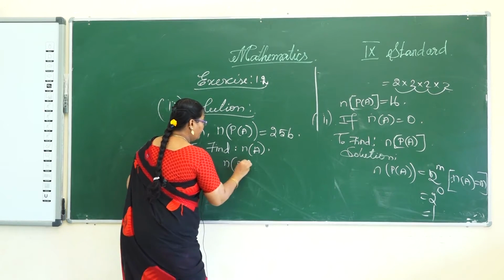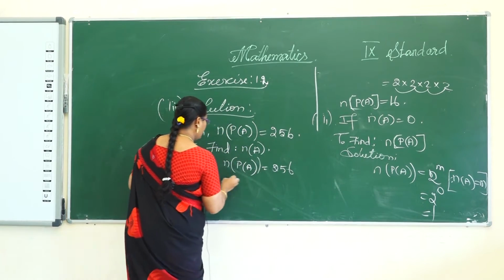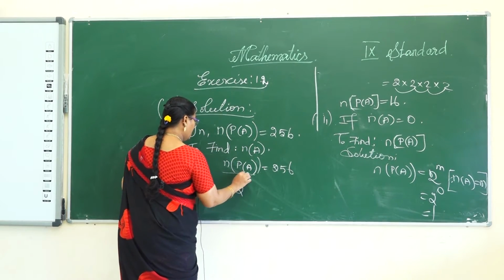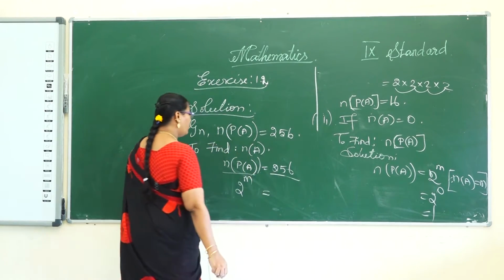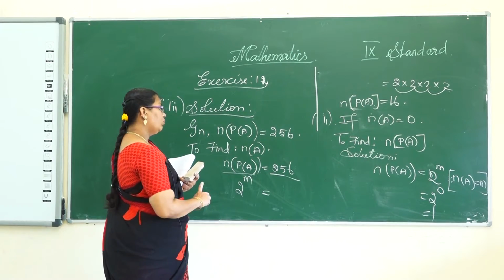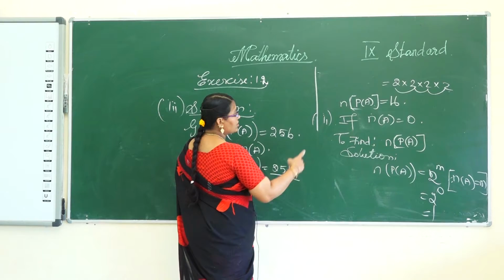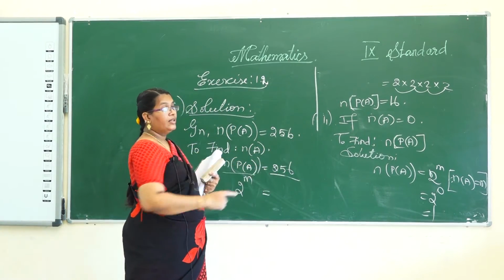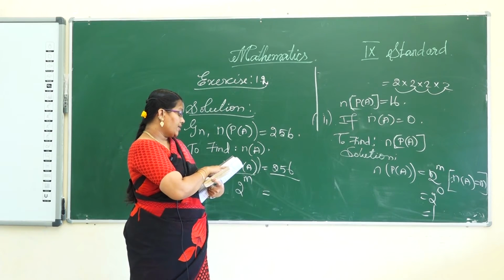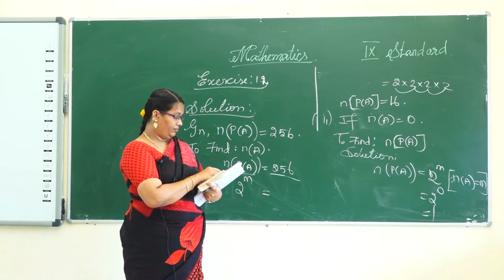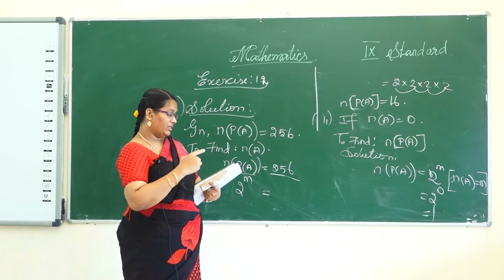n of P of A is equal to 256. It can be written as 2 power m. How can you write 256 as a power of 2? This was explained in Exercise 8, second problem: 2 power 10.